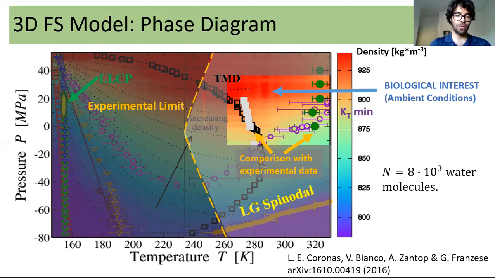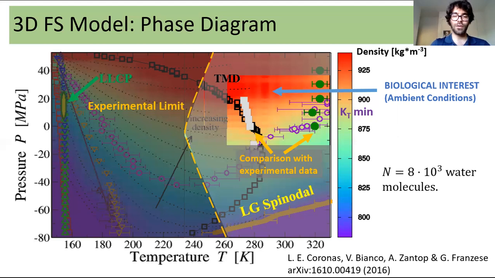We are also able to explore the region far beyond the experimental limit at extremely low temperatures for a wide range of pressures. I'm working here on analyzing the liquid to liquid phase transition and trying to locate the so-called second critical point of water. But this work is beyond the scope of this poster, which is focused on the results with proteins.